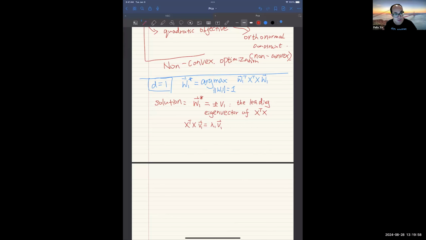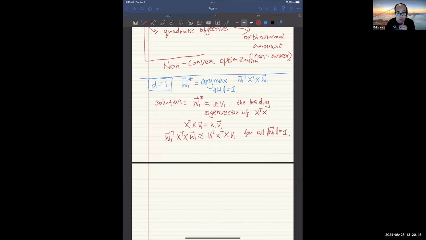So what does that imply? For all W1 with unit length, W1 transpose X transpose X W1 is less than or equal to V1 transpose X transpose X V1.